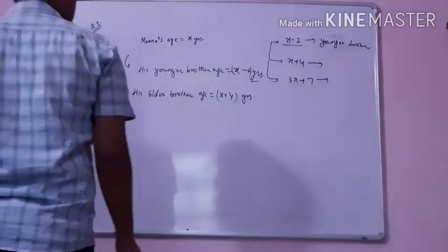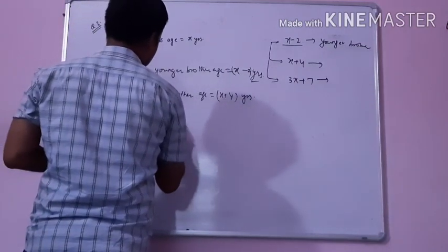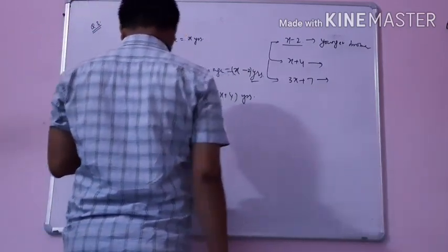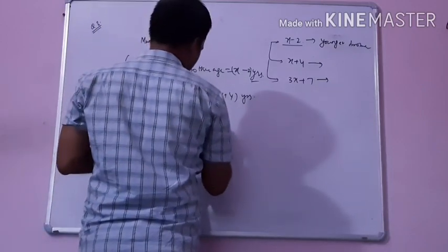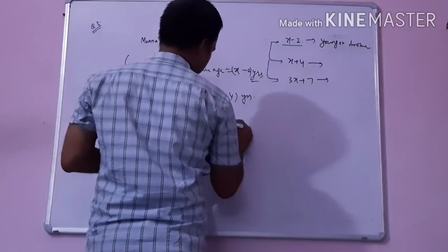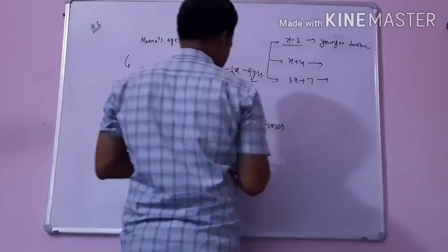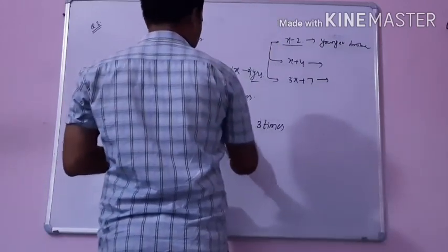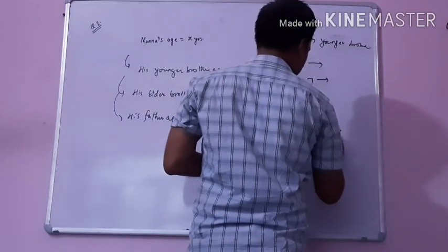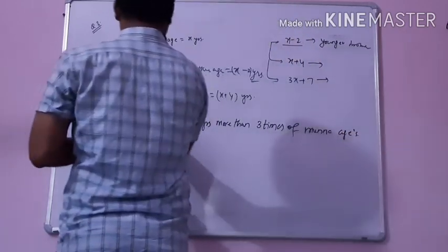So we are considering his father's age: 7 years more than 3 times Munna's age.